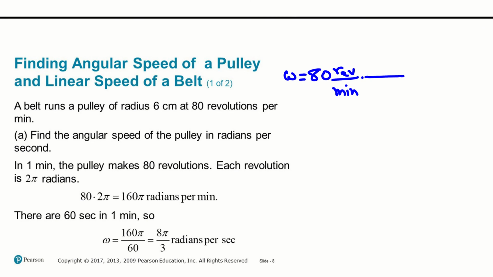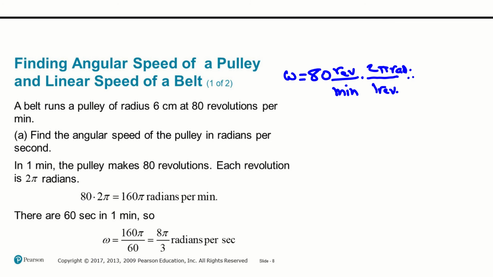So remember, first thing I'll do is I'll go ahead and translate that revolution into radians. So you know that 1 revolution around the circle corresponds to 2 pi radians, correct? And 1 full circle, remember, that's 2 pi radians.